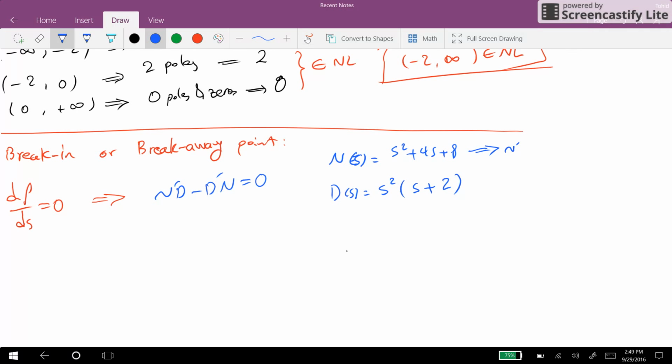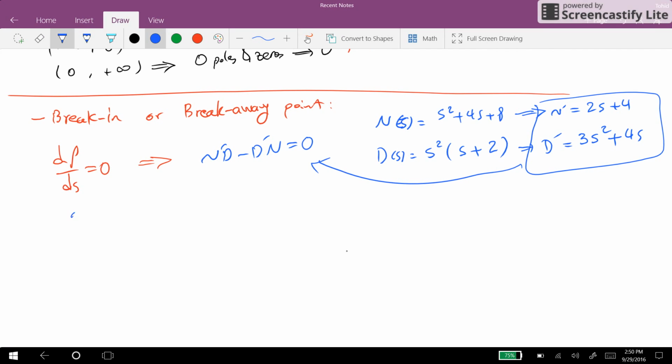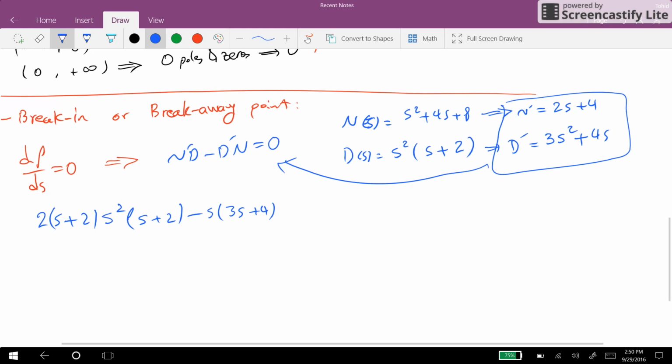As a result, here we will have n prime equal to 2s plus 4 and d prime equal to 3s squared plus 4s. Plugging these into the equation here, we will get (2s plus 4) times d, which is s squared times s plus 2, minus d prime, which is s times 3s plus 4, times n, which is s squared plus 4s plus 8, equal to 0.